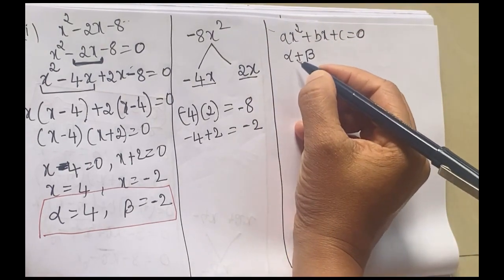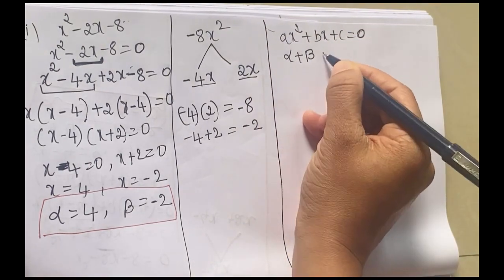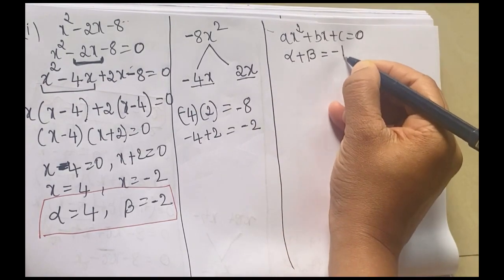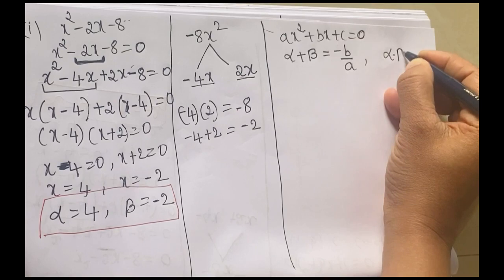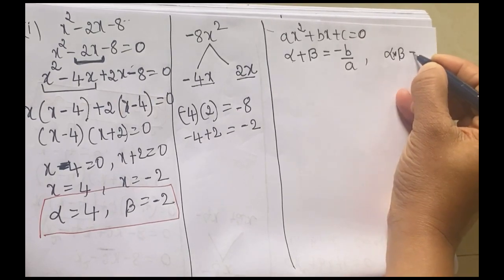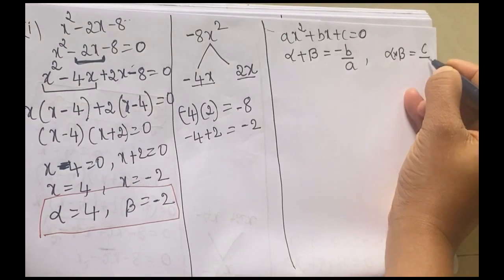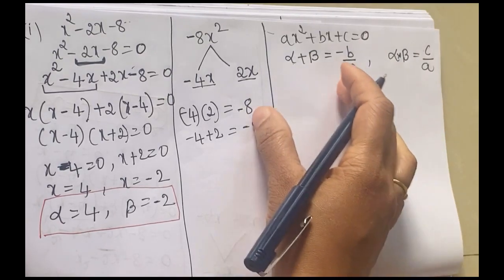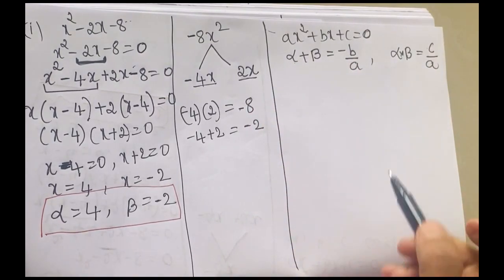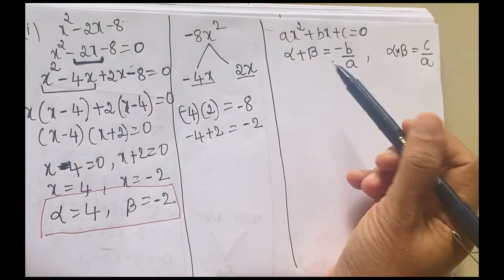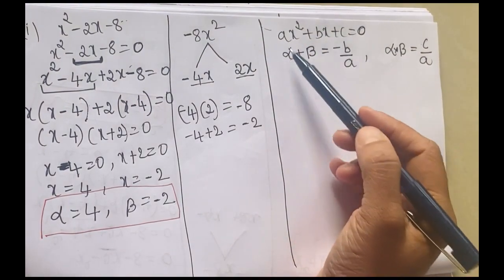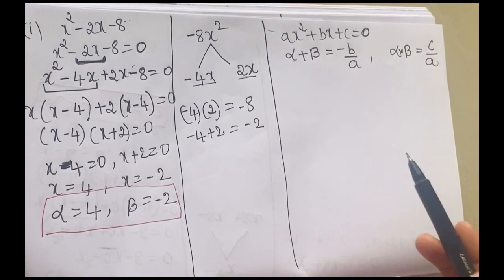Then the relationship is: alpha plus beta is minus b by a, and the product alpha into beta is c by a. That is the relationship between alpha and beta and the coefficients. b is the coefficient of x, a is the coefficient of x square.